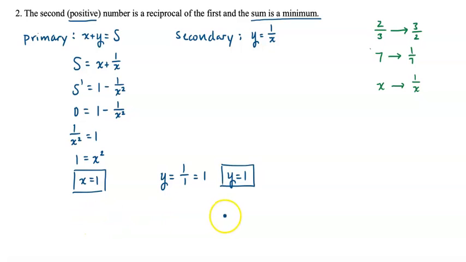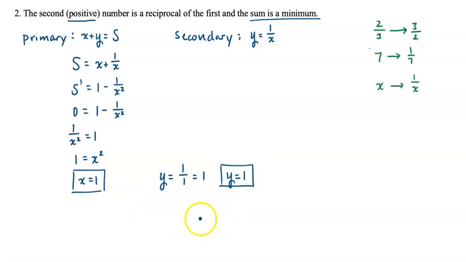If we had 3 and 1/3, well the sum would be 3 1/3, and we can see how that would just continue to increase. And so when you solve these problems, just make sure that you think about these logically. Think about how we can describe this situation with variables, and then look at your answer and say, does this make sense?